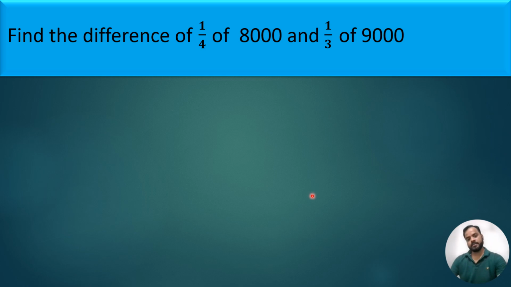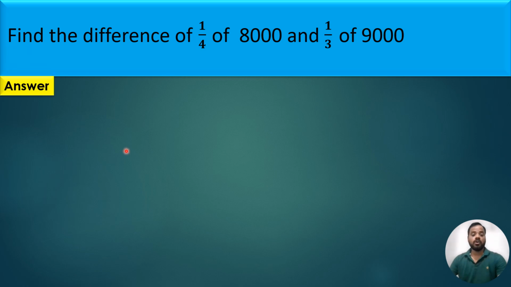Now next question. We have to calculate the difference of 1 by 4 of 8,000 and 1 by 3 of 9,000. So first we will calculate 1 by 4 of 8,000, then we will calculate 1 by 3 of 9,000, then we will calculate the difference.